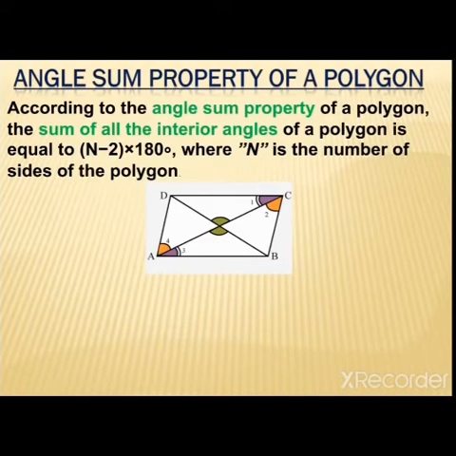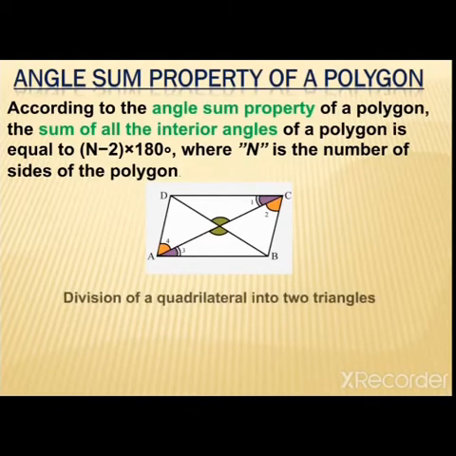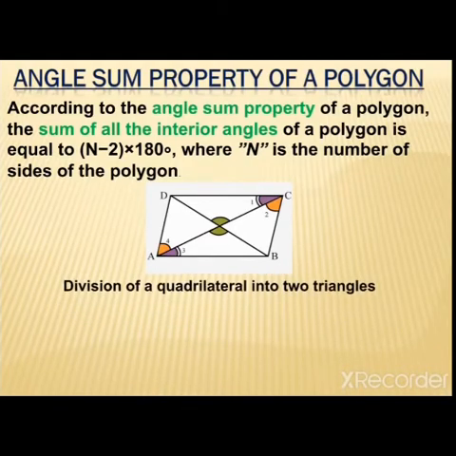It means angle A, angle B, angle C, angle D. AC and BD are diagonals. Division of a quadrilateral into 2 triangles: ABC and ADC. We can see this side or that side.